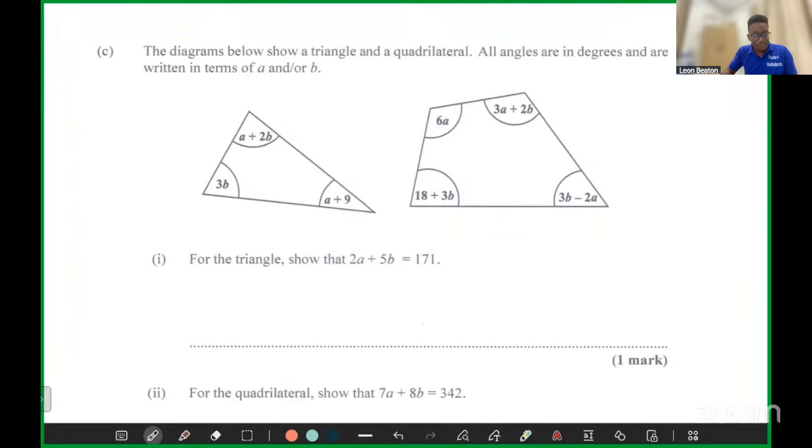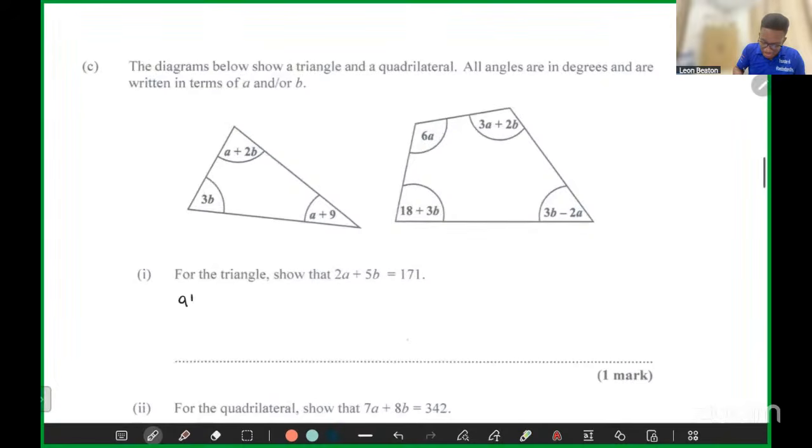So when we add up all these angles, we get 180. So this will be, we take this first angle, which is A plus 2B, plus the other angle, which is 3B, plus the other angle, which is A plus 9, and this will give us 180 degrees.